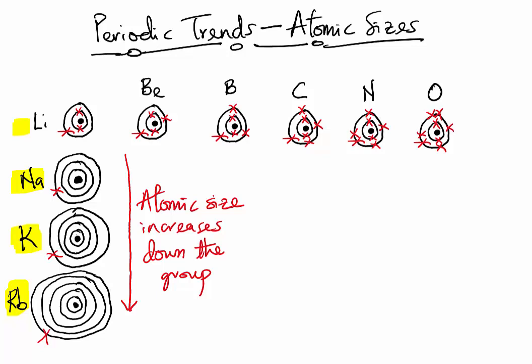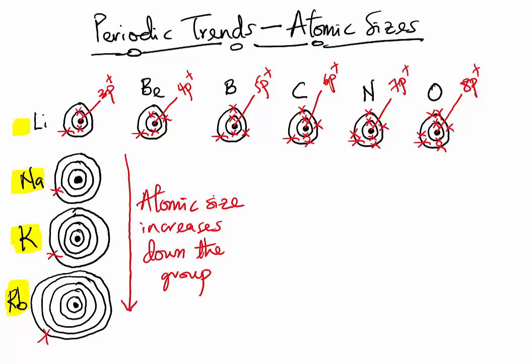And in lithium, we have 3 protons inside the nucleus because the atomic number of lithium is 3. In beryllium, the nucleus has 4 protons. In boron, the nucleus has 5 protons. The nucleus of carbon has 6 protons. The nucleus of nitrogen has 7 protons, and the nucleus of oxygen has 8 protons.